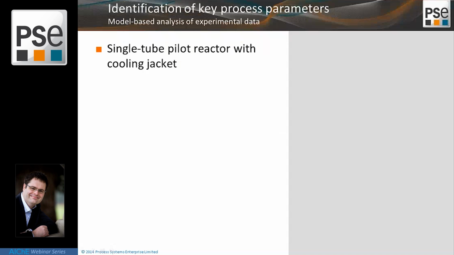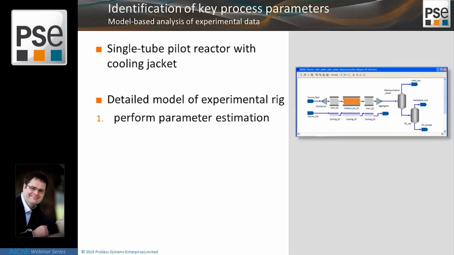Now, to identify the key process parameters, we looked at a single tube pilot reactor with cooling jackets. We made a very detailed model of the experimental rig. In some cases, we see people use simplified models to represent the pilot or lab scale. But it's actually very important to use the correct models, because if you estimate parameters on a simplified model and use them in a detailed model, things may go wrong, obviously.